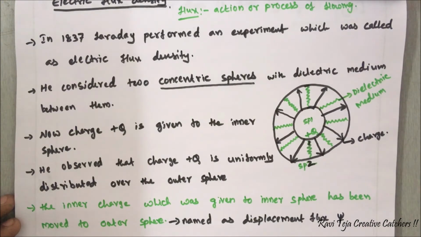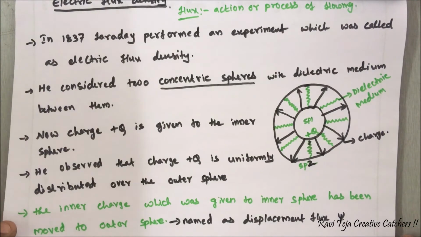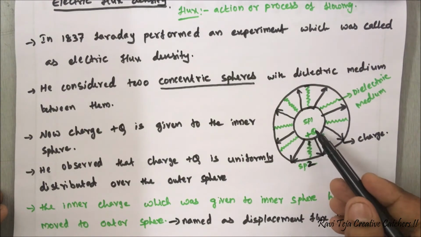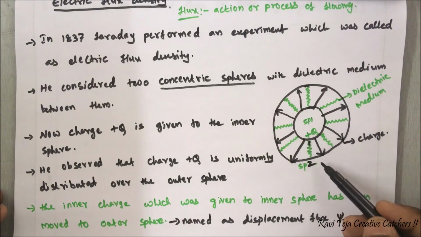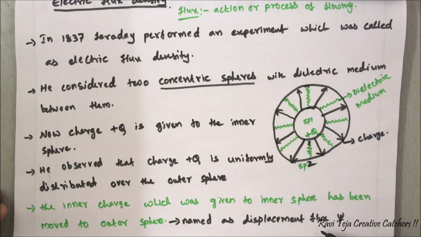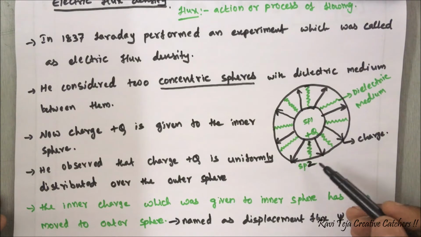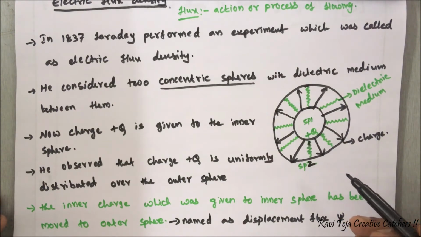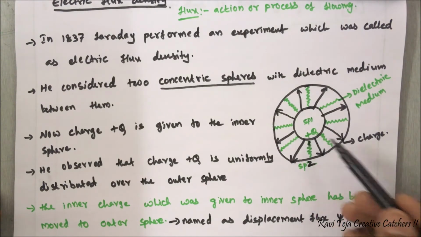Now, can we say that the displacement flux psi is equal to the charge present in the inner sphere? The inner sphere charge is only distributed to the outer sphere, and the outer charge is considered as displacement flux psi. So I can say that the outer sphere displacement flux psi is nothing but the charge present in the inner sphere.